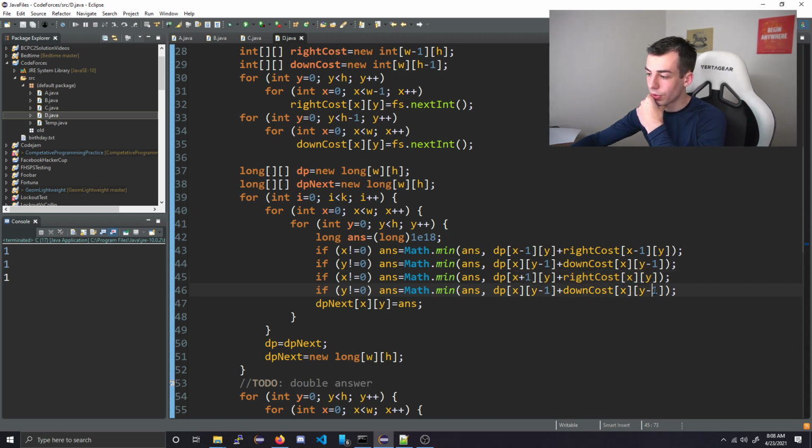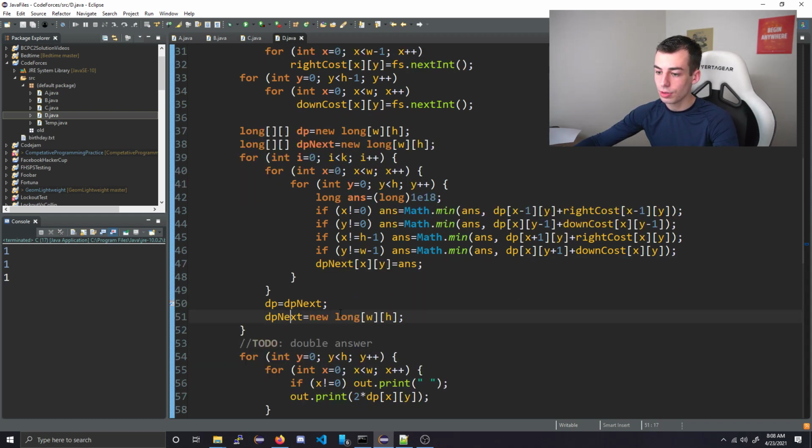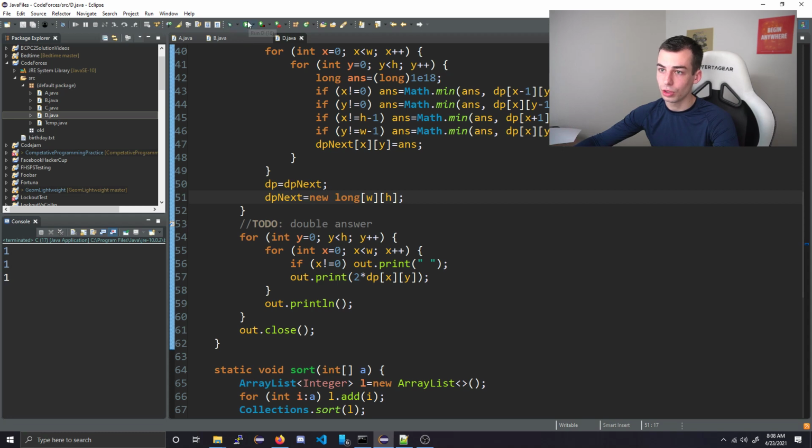Yeah. Down cost is not equal to height minus 1 and then width minus 1. Okay, otherwise we come from y plus 1 and then down cost. Yeah. All right, we do that. We switch the dp tables and then we keep going. All right, I think we're good.